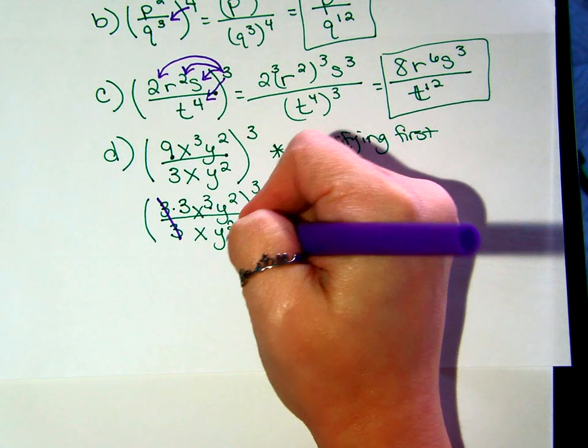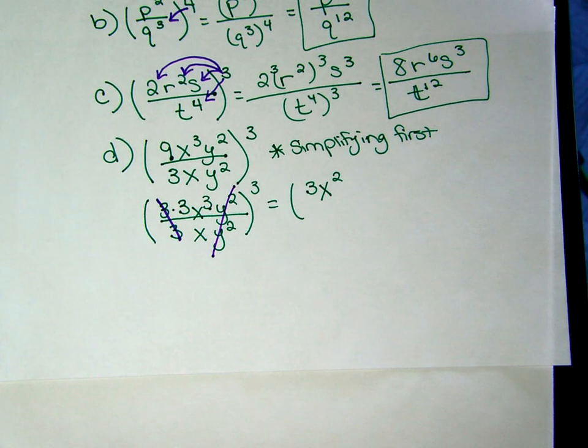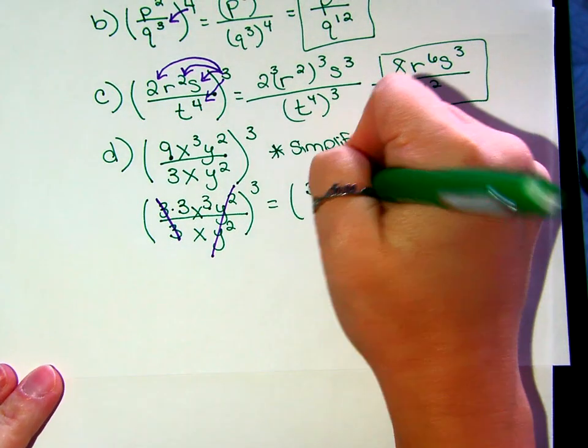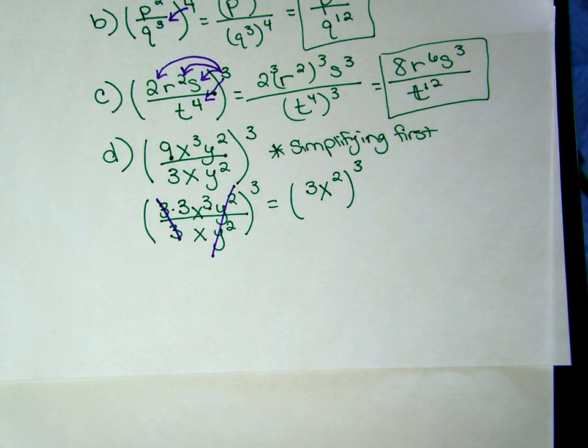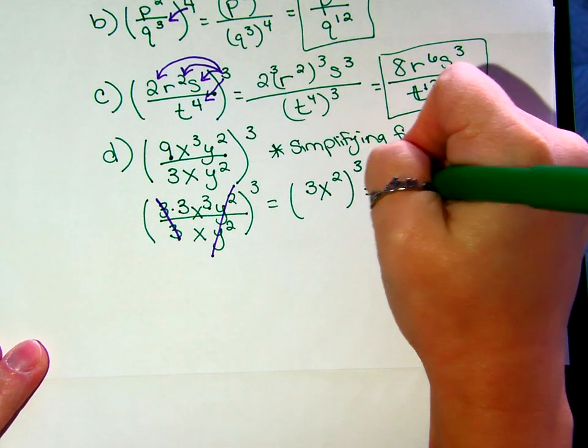So now I am applying this outside third power simply to 3x squared instead of all this other stuff, which makes it so much easier. I would much rather deal with 3 to the third and x squared to the third than all that other stuff. So simplifying first really does make your life better in a lot of ways.